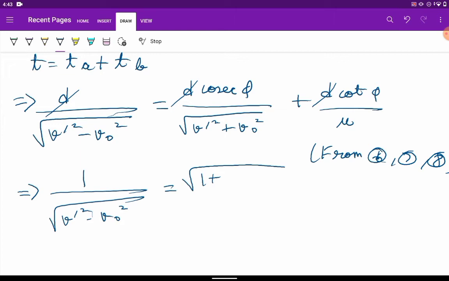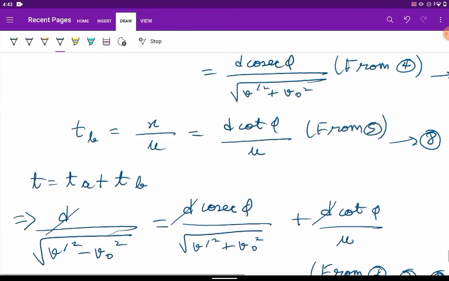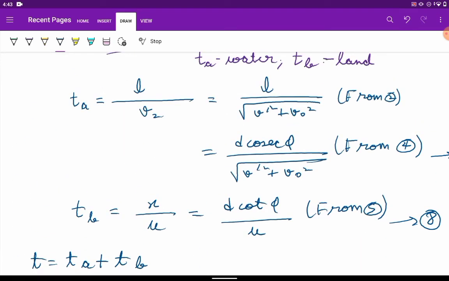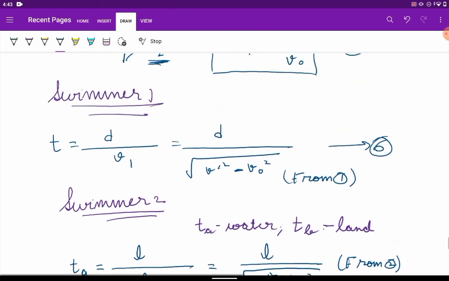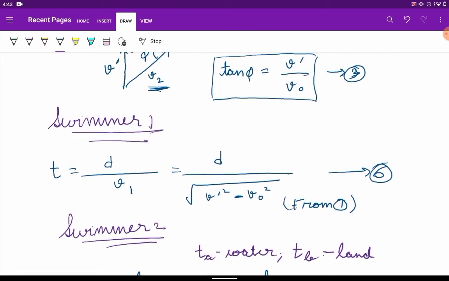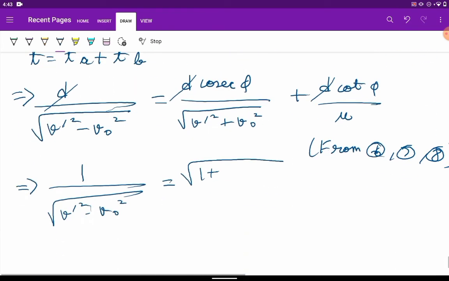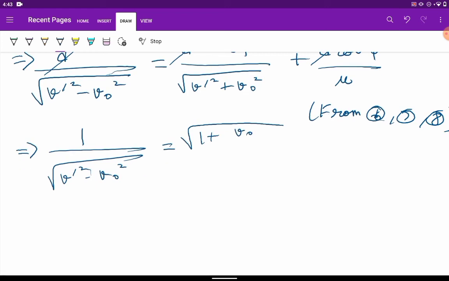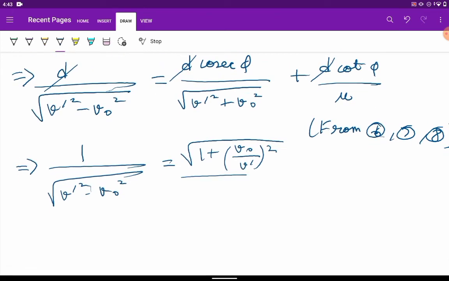Cot square phi is 1 by tan square phi, according to trigonometry. So it basically becomes 1 plus the reverse of this, v naught by v dash whole square. This is your cosecant phi divided by root over v dash square plus v naught square.